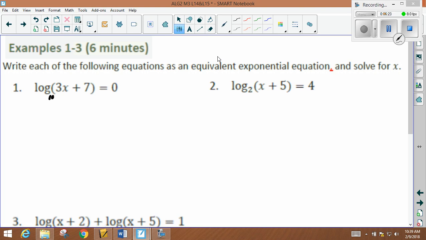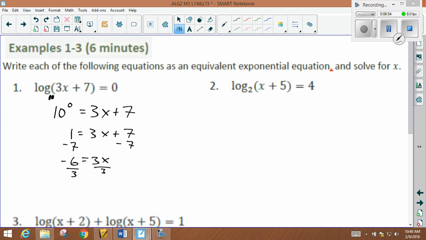So I would write this to say 10 to the 0 power is equal to 3x plus 7, which means that 1 is equal to 3x plus 7. I'll subtract 7 from both sides. I get negative 6 equals 3x. So dividing both sides by 3, I get that x is negative 3. All right.